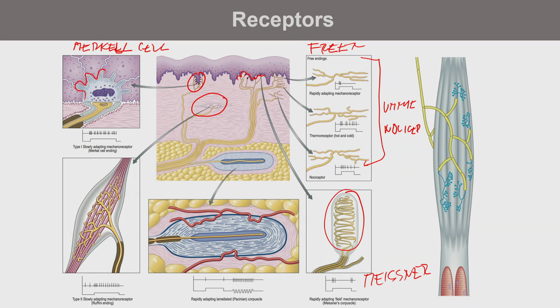The Merkel cell ending has several, I think, hairs, and then is connected to the dendrite, and it is able to produce the information, which is a slow adapting mechanoreceptor. So this is typically for mechanic information obtained from the skin sensation. Then we have a specialized structure which is called Ruffini.